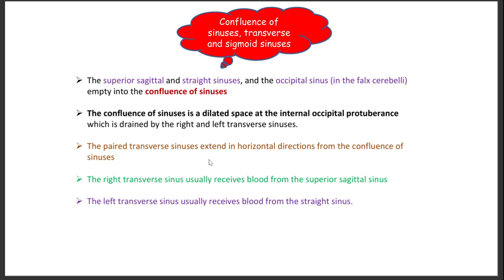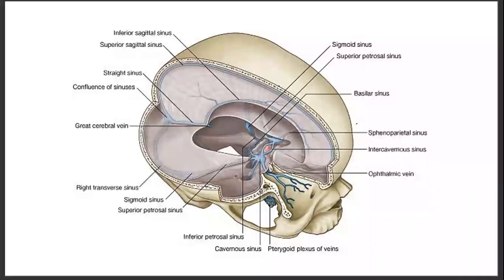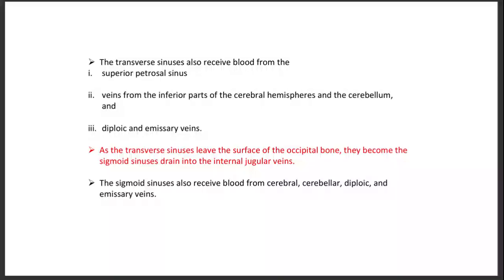So the transverse ones extend horizontally, they go to the sides. Right transverse usually receives blood from the superior sagittal. The left will receive blood from the straight sinus. So even when we say the straight sinus drains on the confluence of sinuses, to be specific, it drains on the left transverse sinus. Important for you to understand that. Okay.